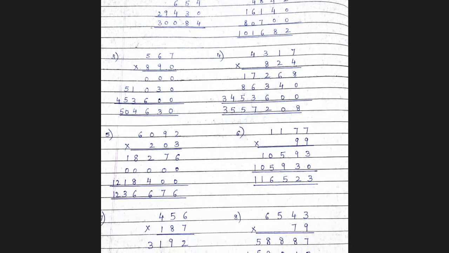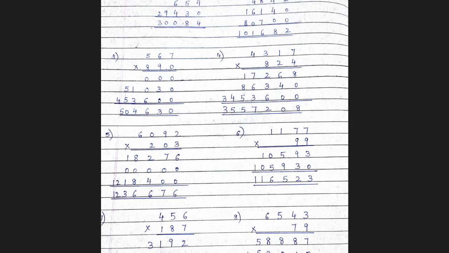Now that's the next line. And you put that number right below 0. 0 into 9, 0. Write it to the left. 0 into 0, 0. 0 into 6, 0. So the second line is all zeros because 0 is being multiplied with the numbers. Go to the third step. 2 into 2, 4. See, it's written below 2. 2 into 9, 18. 8 carry over 1. 2 into 0, 0.